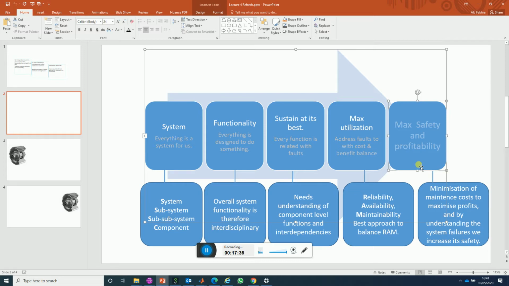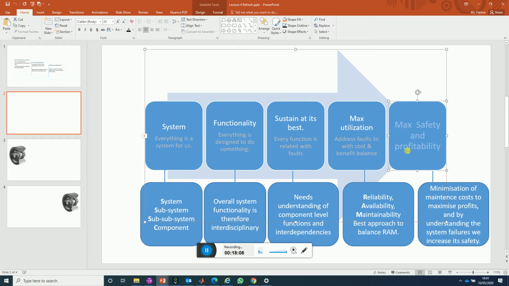Because in this scenario, the aircraft cannot fly, and if the aircraft cannot fly, I cannot take passengers from A to B. My whole business is dependent on making the aircraft available for its functional state. So if I have high reliability, high availability, and high maintainability, I am maximizing utilization, so I can maximize my revenue.